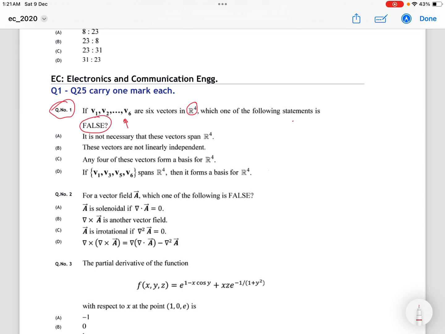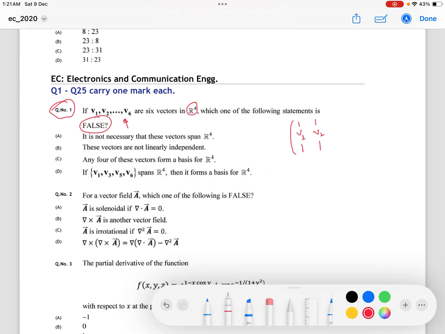So if I put all those vectors into columns of a matrix, how many components will one column have? It will have 4 components, right?